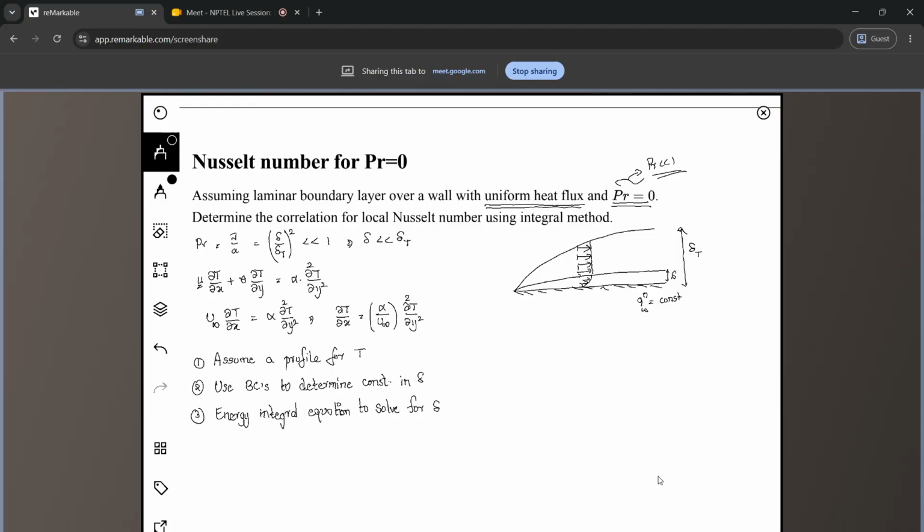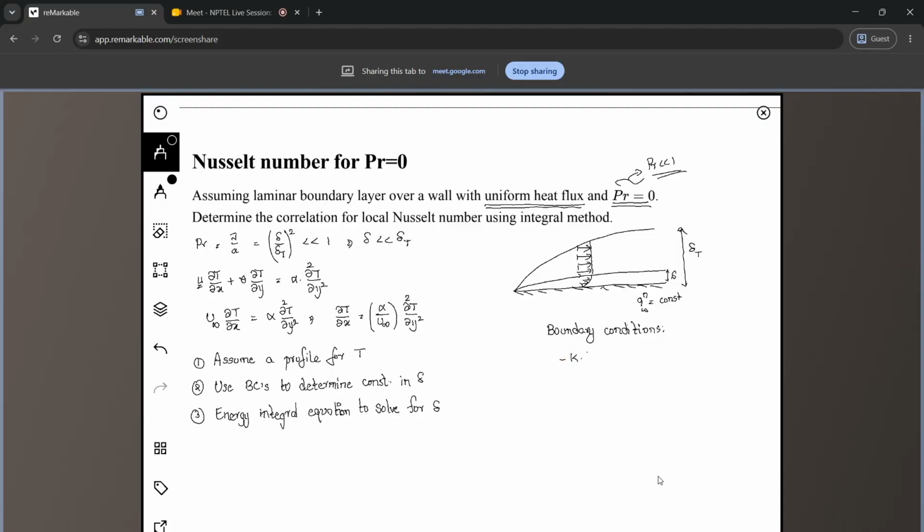So what are the boundary conditions first for this particular problem? For an isothermal wall, we could use that at y equal to 0 the temperature equals the wall temperature, but we do not know the wall temperature here. That itself is an unknown. So the boundary condition that is given is the heat flux.